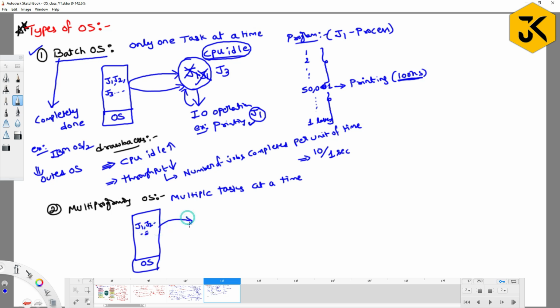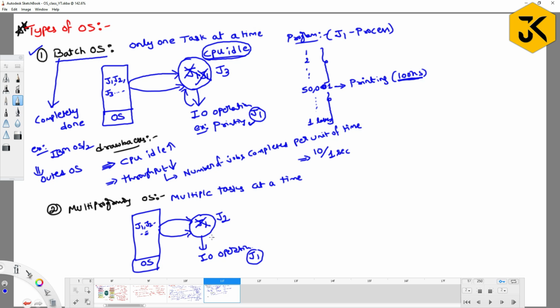When a particular job J1 is working on the CPU, and if it requests some kind of IO operation like printing, then J1 will be shifted to IO operation. As the CPU is not having any work, the other job might be loaded, requested by some other process, something like J2.